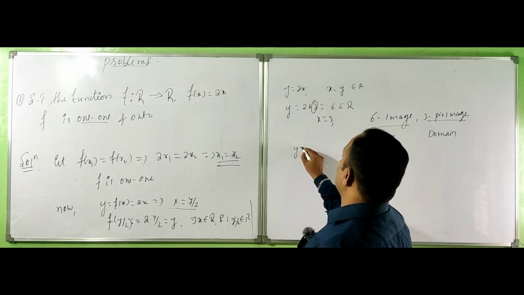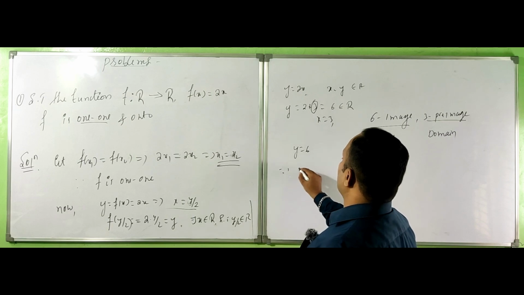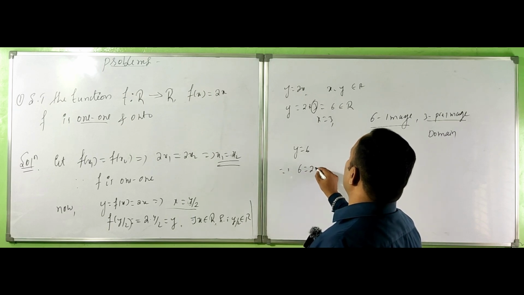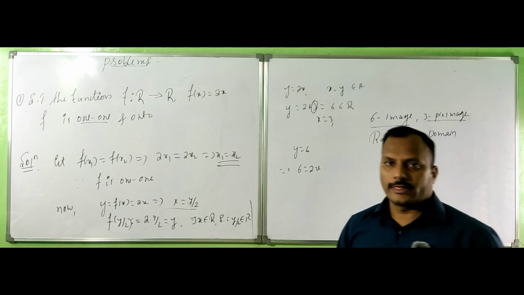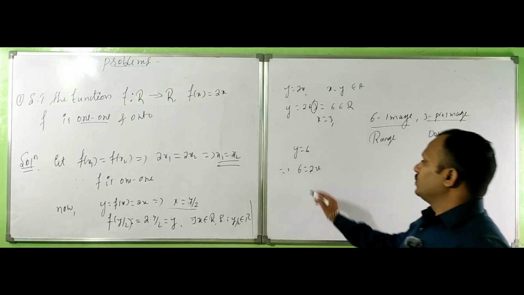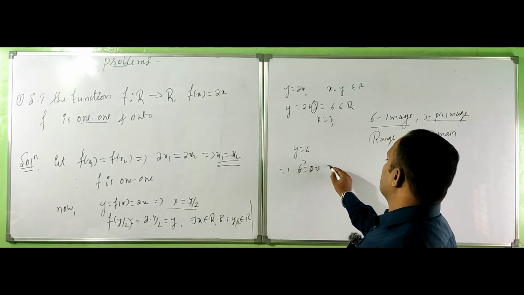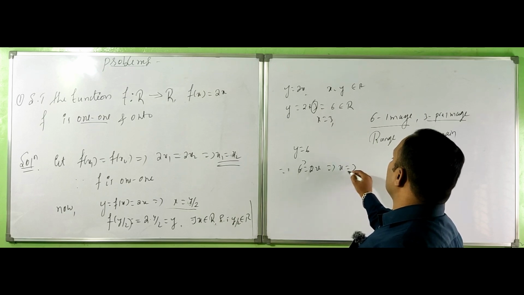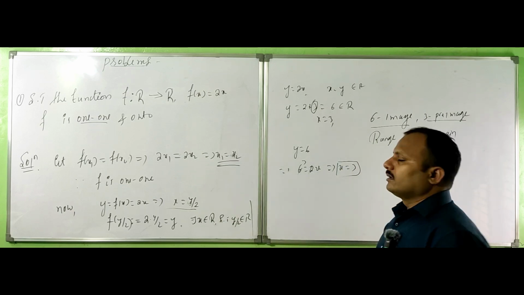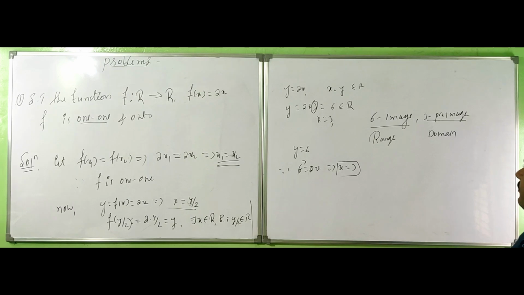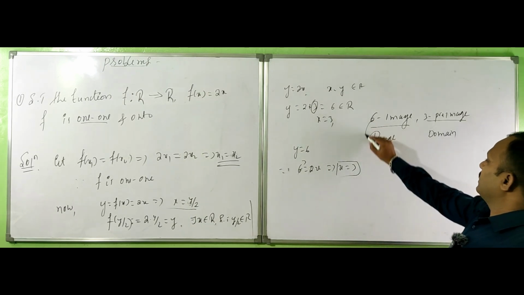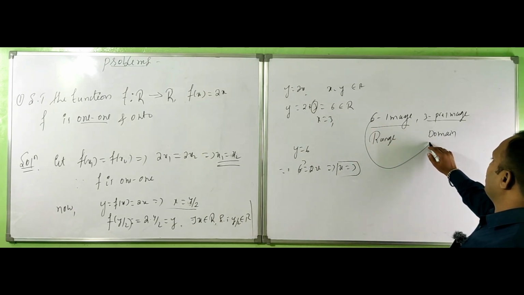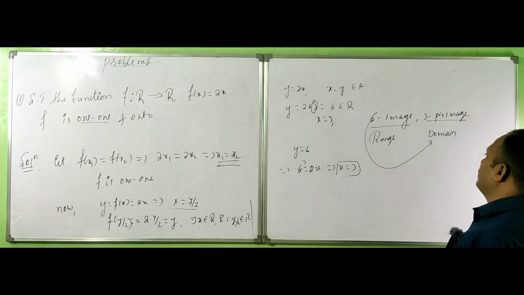Let's take y is equal to 6. This implies that 6 is equal to 2x. So 2 threes are 6, so this implies x equal to 3. Means for every image, you have one pre-image.